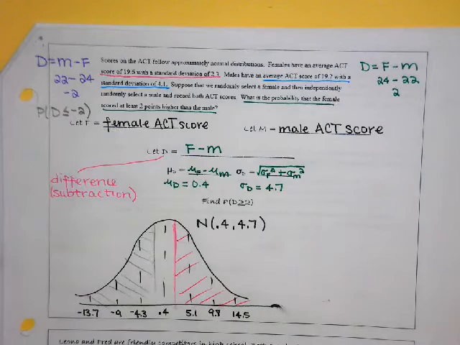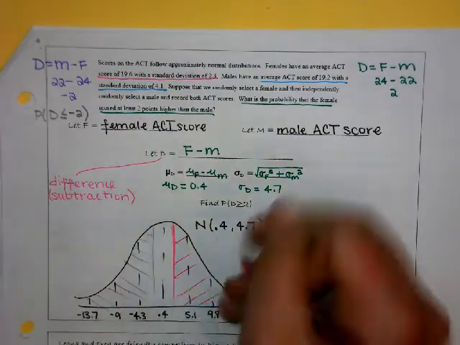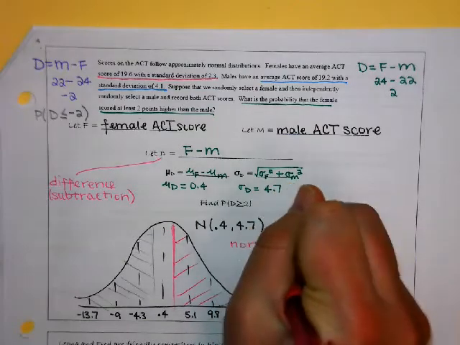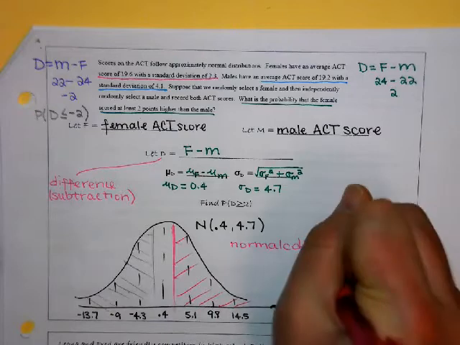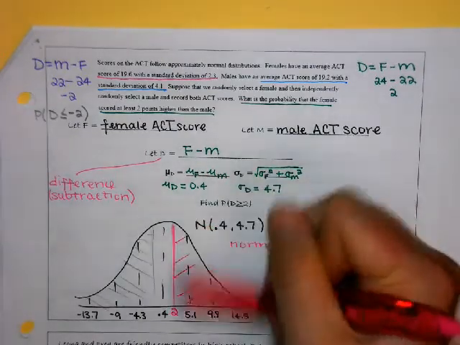So we're going to find the area here. It's normal CDF. Our lower bound is 2. That's this line right there. My upper bound, I don't have an upper bound. So I want it to go all the way through, so I'm just going to put a big number. 1e to the 99.